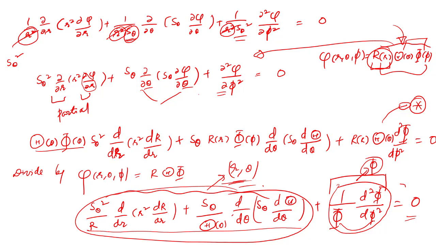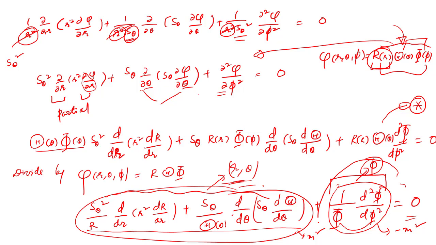They can only cancel out if each of these terms is equal to a constant, and so we're going to call that constant minus m squared, and here plus m squared. So m squared minus m squared will give you 0. So we're equating the r theta part, the first two terms, to plus m squared, and the last part to minus m squared. Right, that's the first step of separation of variables.